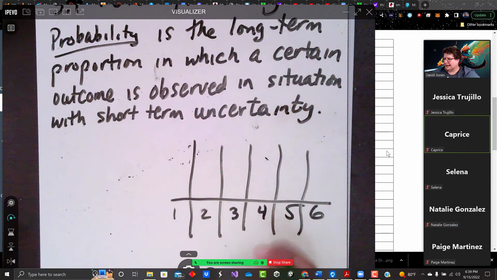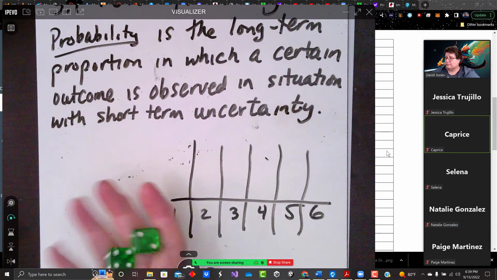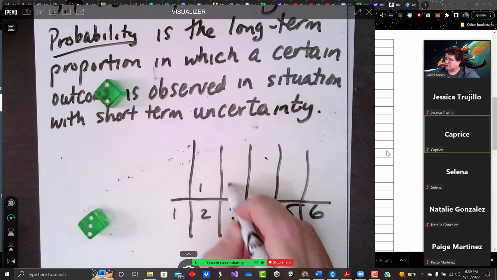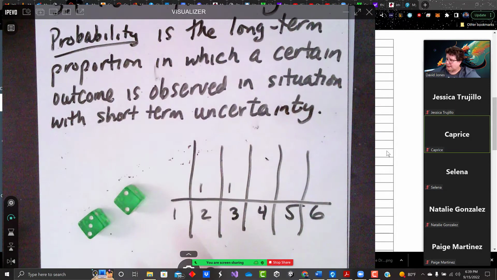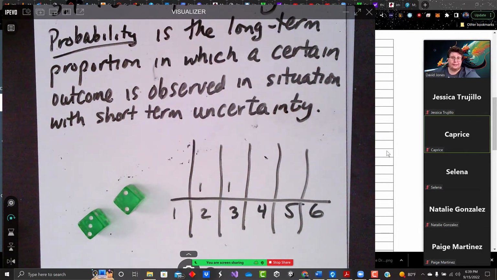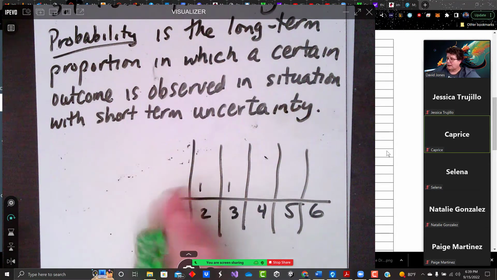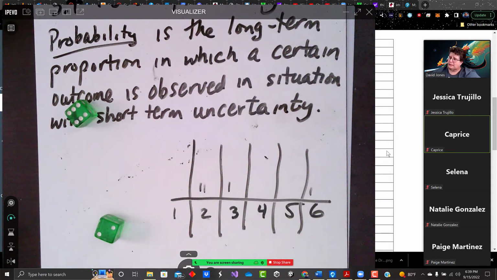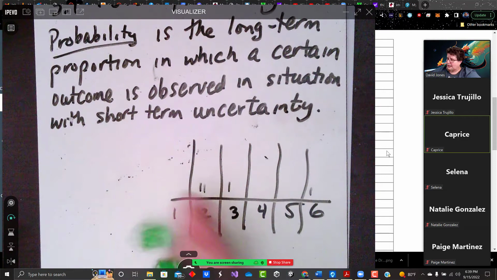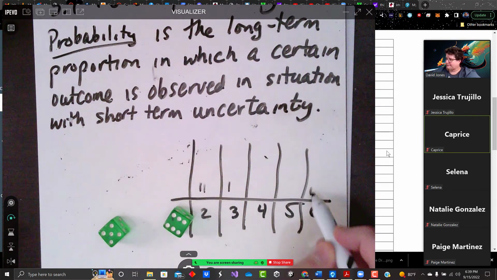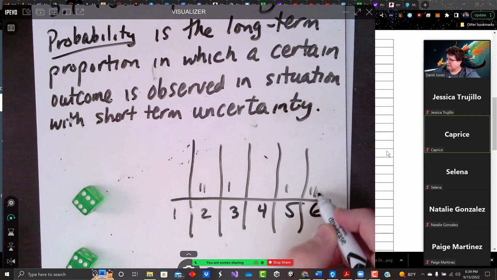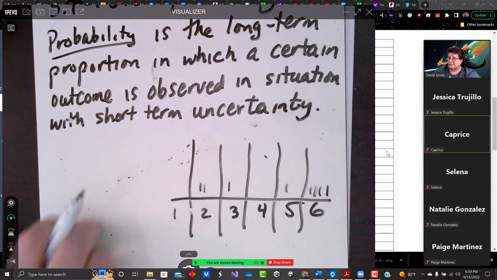I'm going to roll them. I'm not going to add up the values, I'm just going to record them. So I got a 3 and a 2. And so you might think that we got a strong chance of rolling a 2 or a 3. I roll again. Look, we got another 2 and I got a 6. And ooh, I got another 6 and I got a 5. I didn't get a 2 this time. Oh, I got 2 6s. Well, these are good dice. I like these dice.